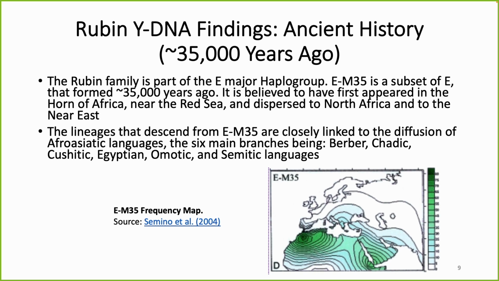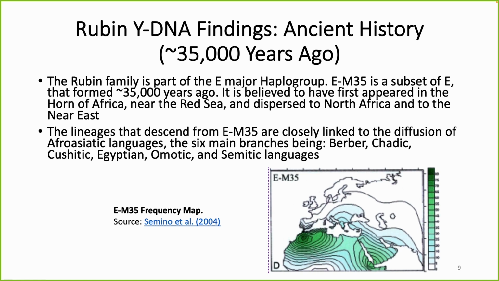Scientists have termed it that you can really see the diffusion of Afro-Asiatic languages through EM35. There are 6 main branches of languages that can probably be traced to ancestors who were from EM35. Berber languages, that's right in Morocco. Chadic, that's in Chad.